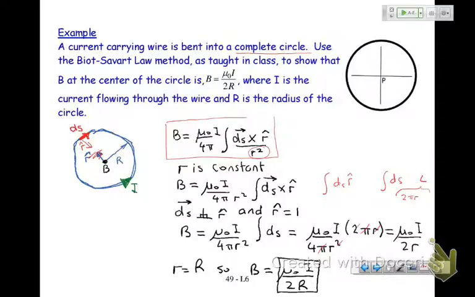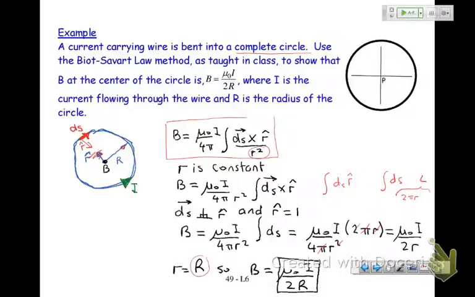So I end up with mu naught I over 2r. And then to complete this, in this case, r is not a variable. We actually have a value for r because it's a specific example, and the value for r is big R. Might seem like a small point, but it's putting in a constant value for a variable. So B is equal to mu naught I over 2R.